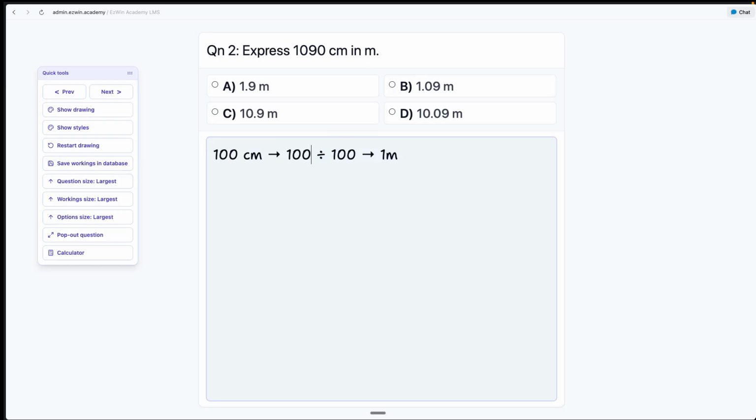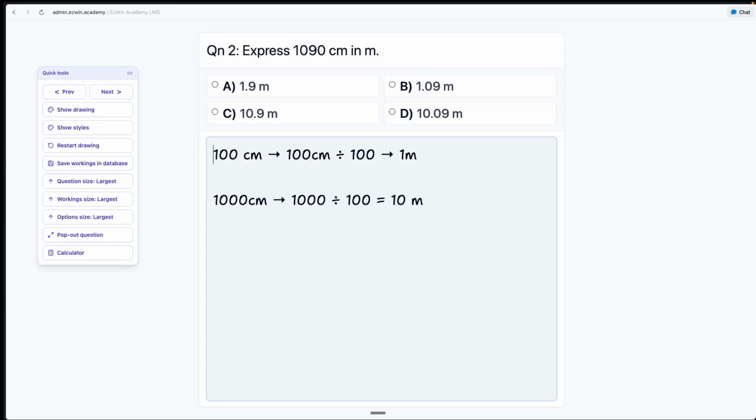So 100 centimeters divided by 100 is equal to 1 meter. Then if we were to say 1000 centimeters, what do you think the number of meters is? We divide 1000 by 100, which is equal to 10 meters.